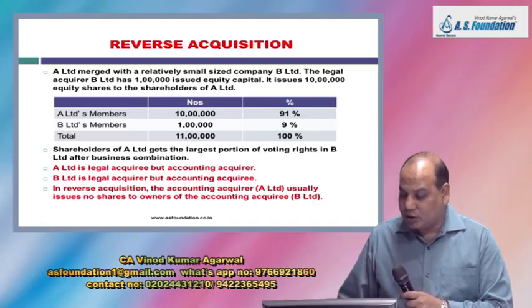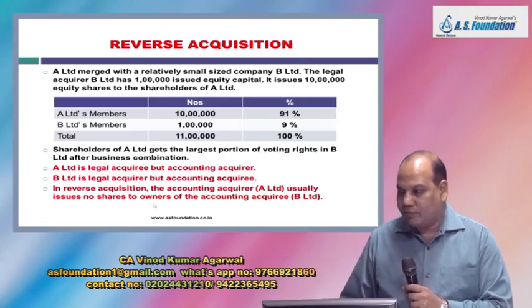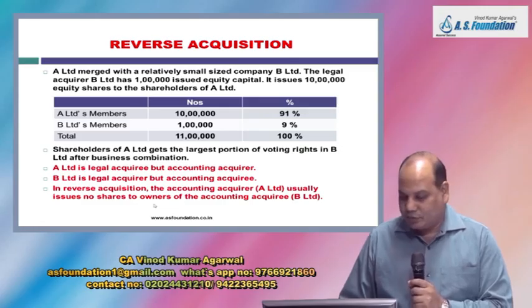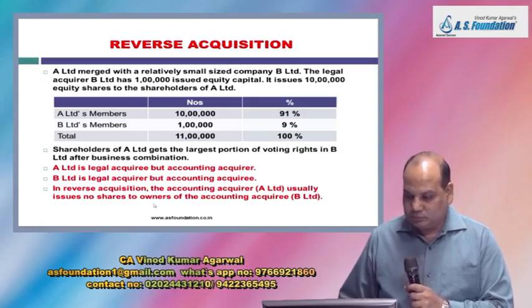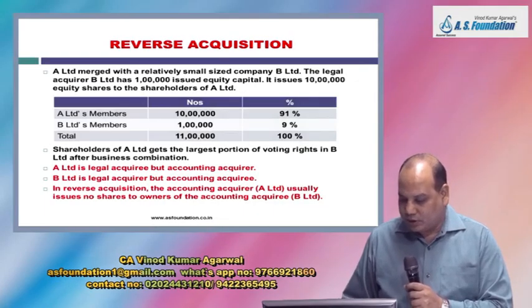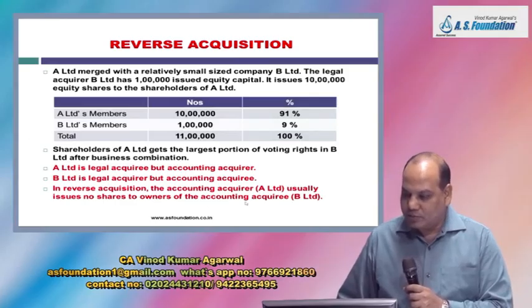In reverse acquisition, the accounting acquirer, in our example A Limited, usually issues no shares to the owners of the accounting acquiree, that is B Limited.